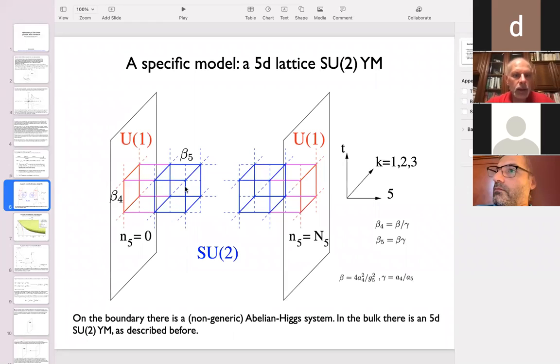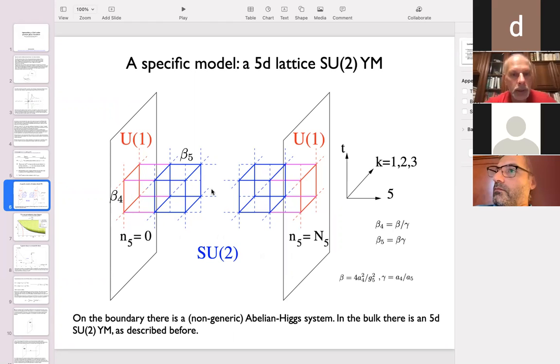And for reasons that I will explain later, I will also impose some boundary conditions on the SU(2) gauge field so that the 5th dimension becomes an interval with 2 branes sitting at the 2 ends of the interval. And on these 2 branes, the symmetry reduces and the spectrum is just a U(1) gauge boson and a complex scalar.